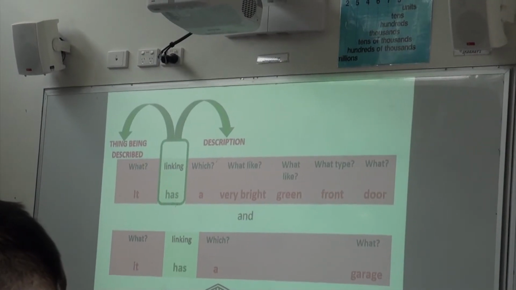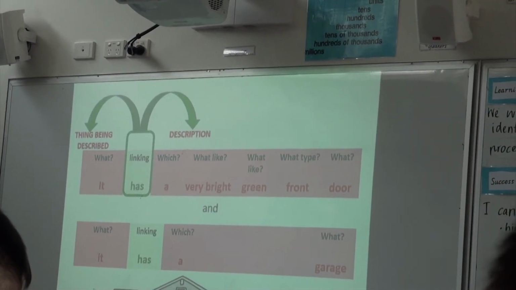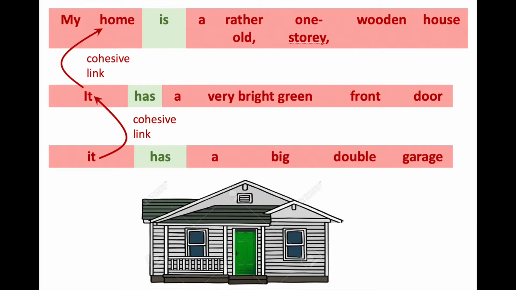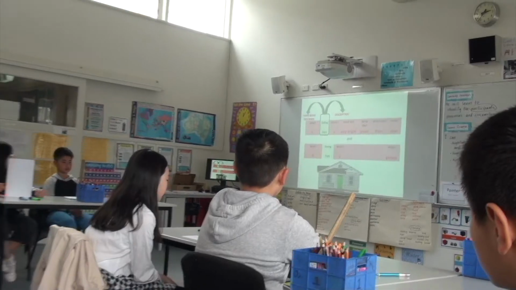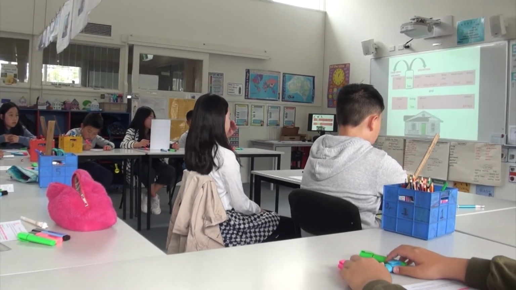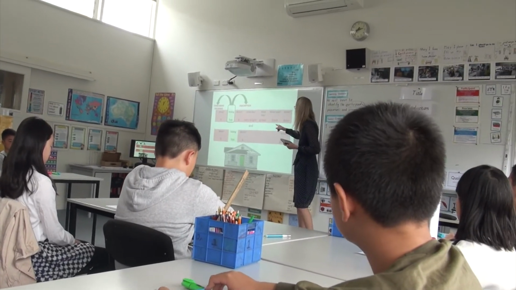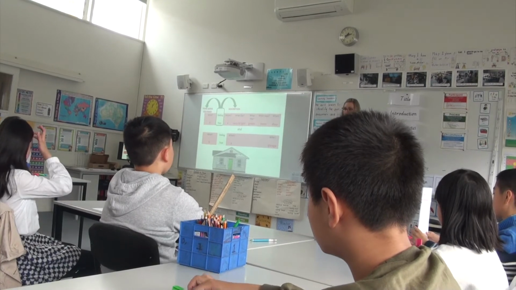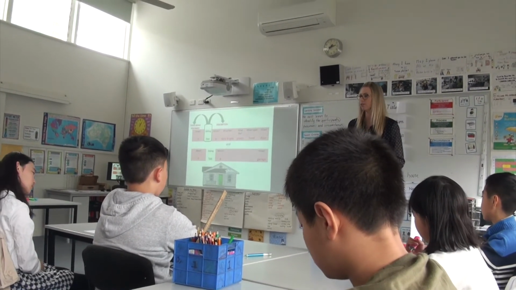What else is being described in that sentence? It. So here we have it. What is it referring to? Ling? My house. My house. So instead of saying my home or my house has a, now it has a garage. What type of garage does it have?